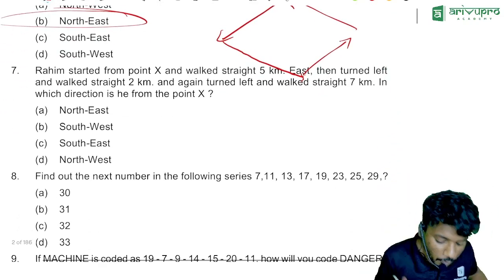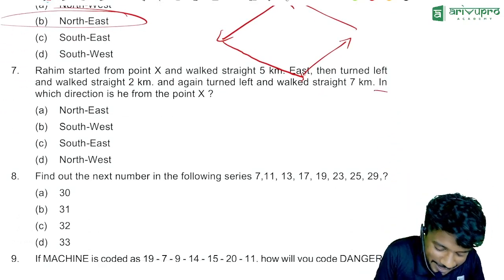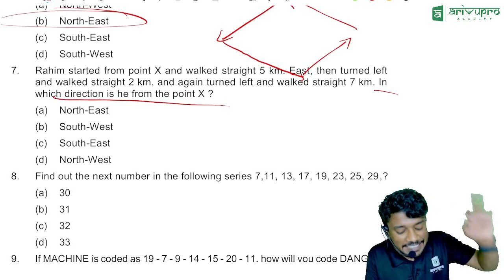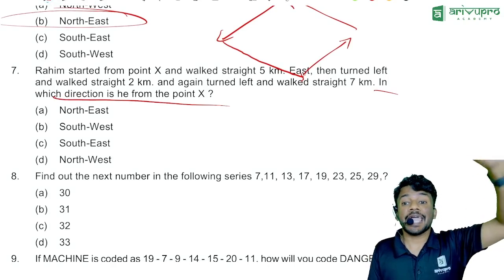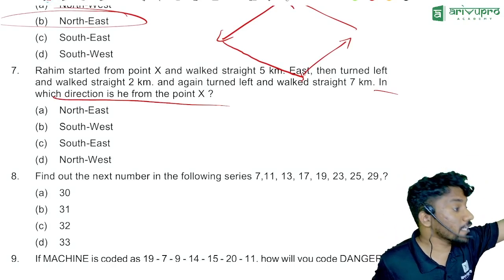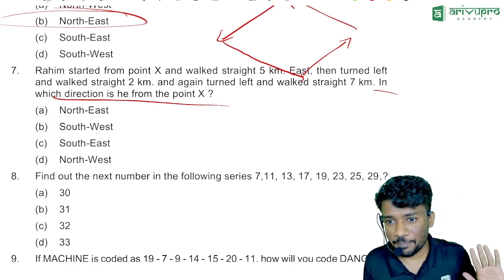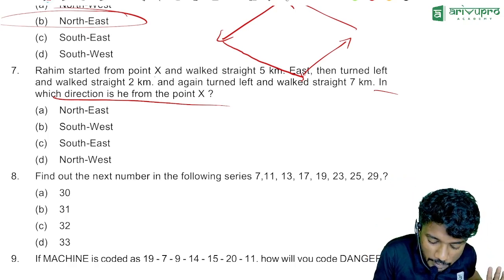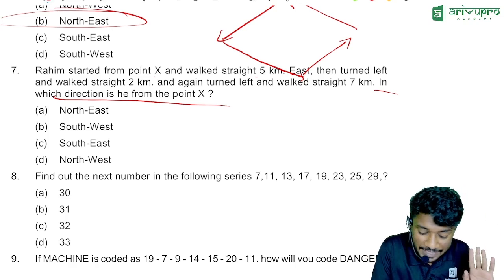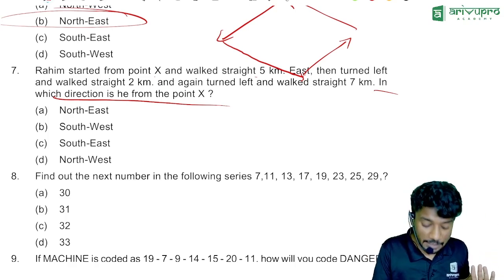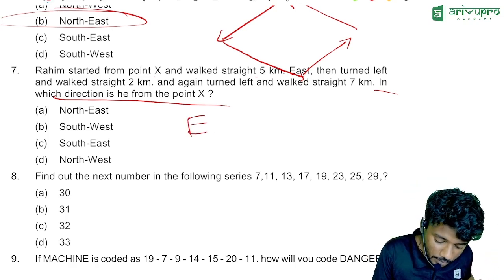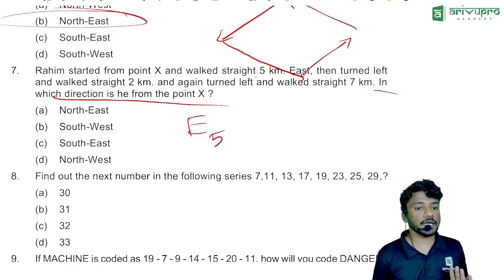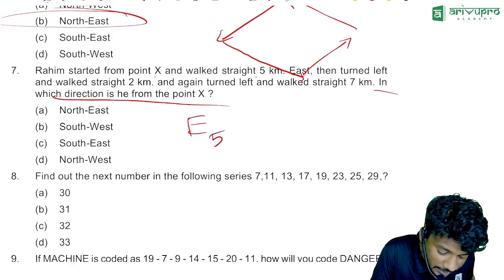Now look at it. What is the last thing we are going to learn? In which direction is he from point A? That means with respect to the initial point, where is he now? So how will you read the question? Rahim started from point X, walked 5 kilometers straight east. That means east how much? Correct? Yes. Then turn left.